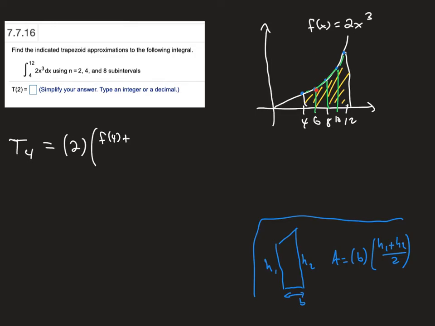The y-coordinate of that dot, that's the right-hand height of this first trapezoid. The height of that point is f of 6. So that would be base times the average height applied to the first trapezoid.